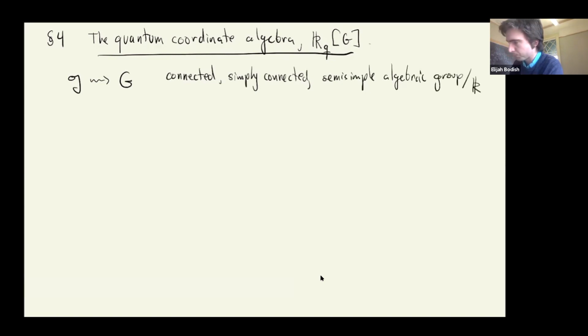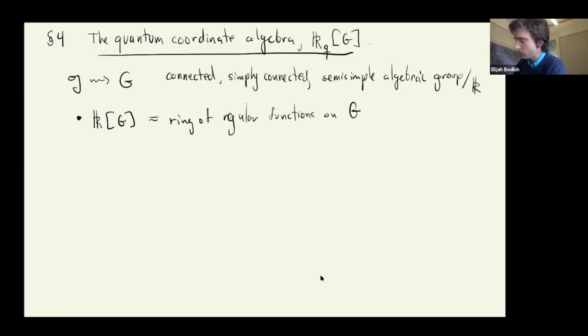over our field K. This group has a coordinate ring, since it's an affine algebraic group, which is the ring of regular functions on G. I haven't written a subscript q yet, so this is all just the classical setting.